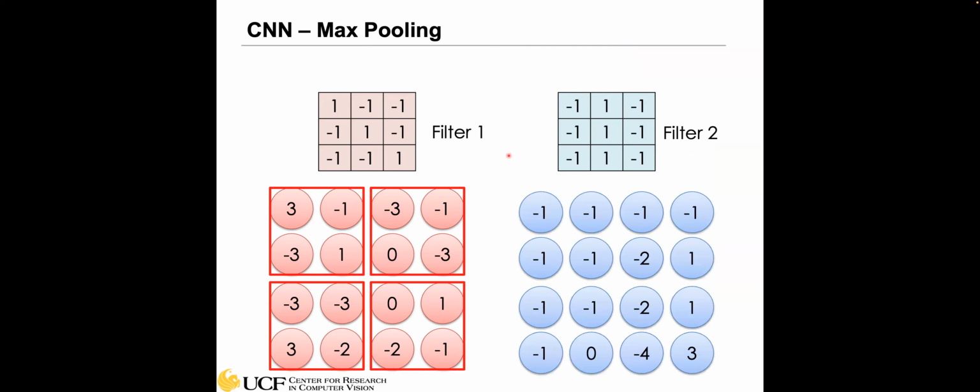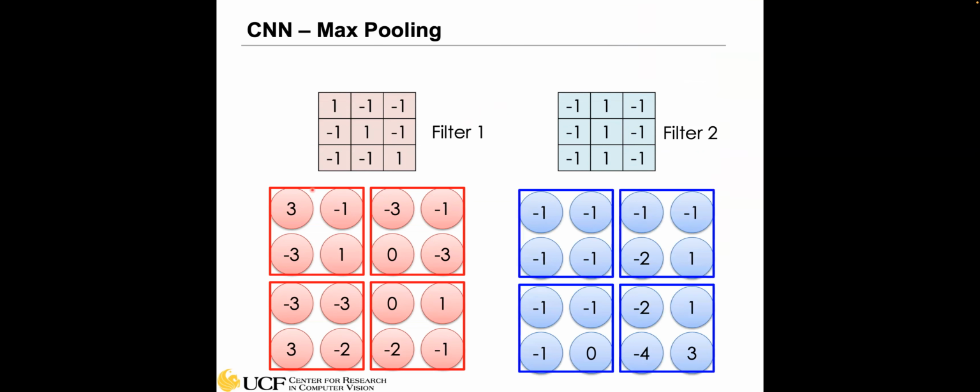And what max pooling does is you specify a region. Typically we use 2x2 max pooling. By the name max, that means you'll take the maximum value in this region. So you just look at this 2x2 region and you take the maximum.